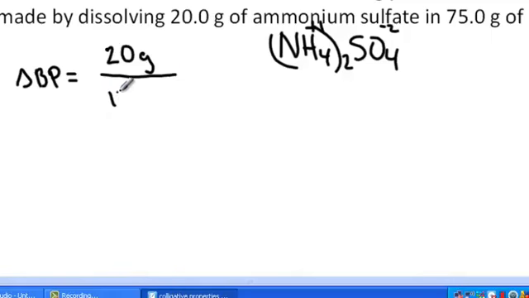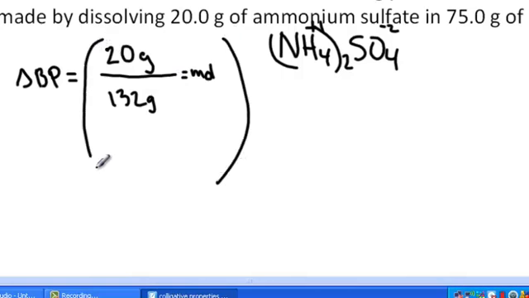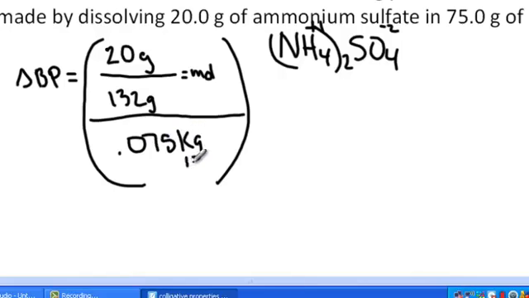I got a molar mass of 132 grams. So here's my mole. Molality is mole of solute per kilogram of solvent, which is the water here.